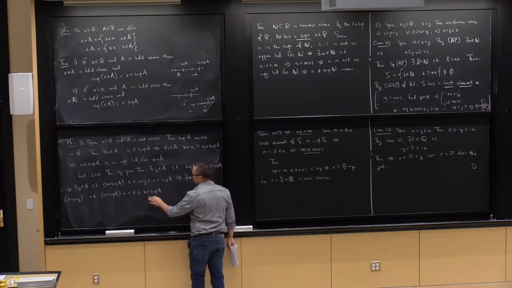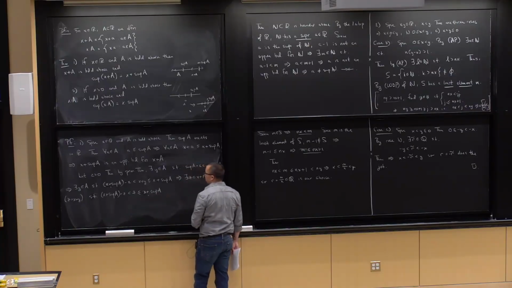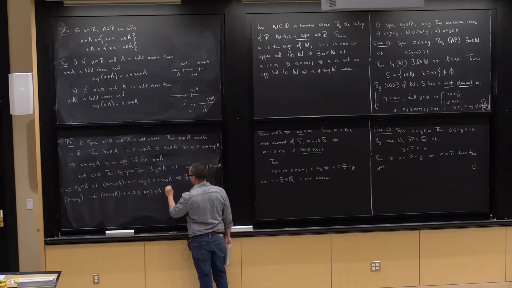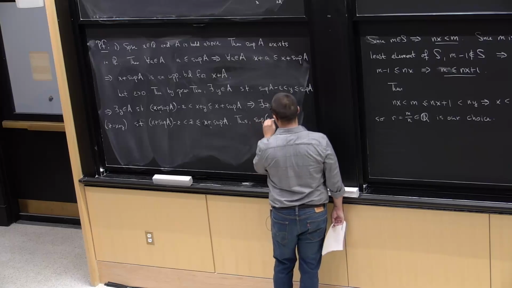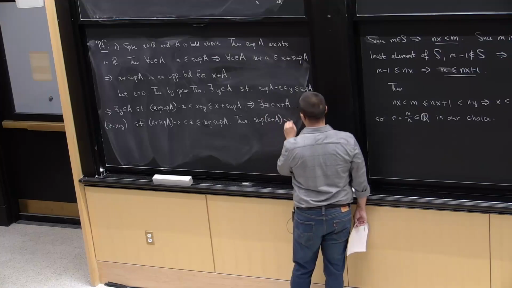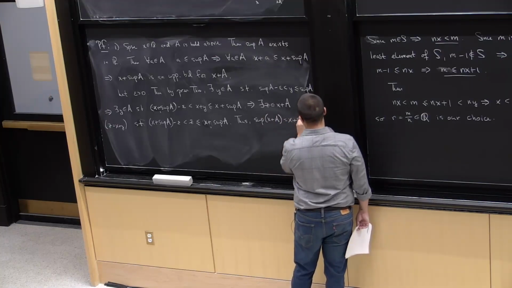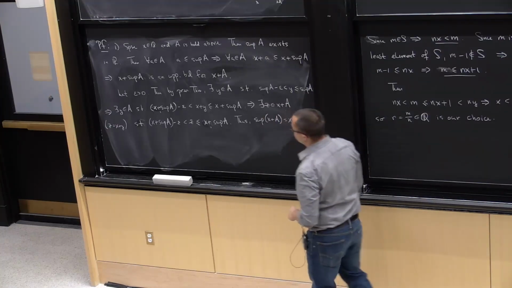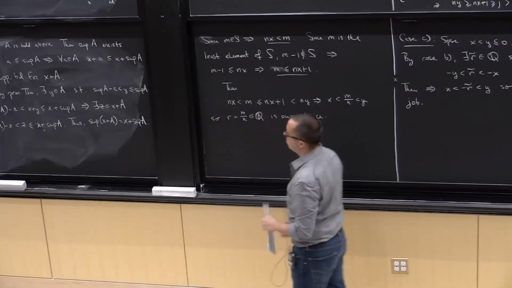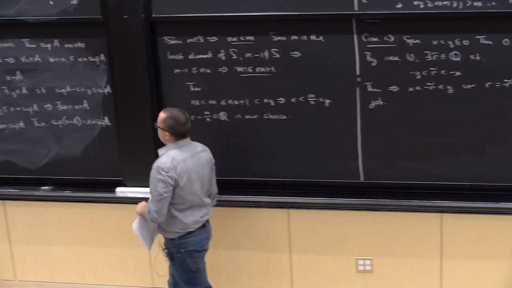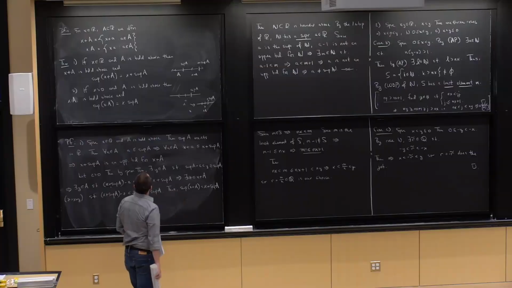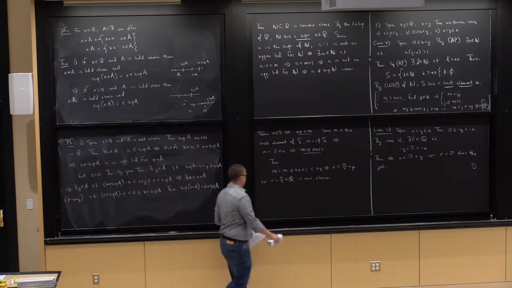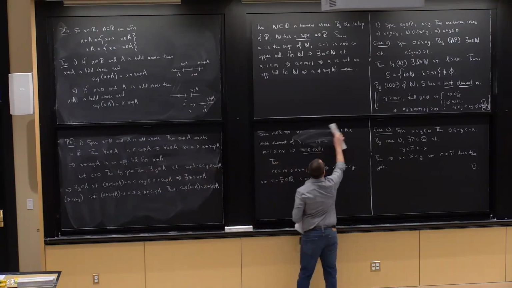Now we've proven it for x plus sup A for the set x plus A. Thus, sup of x plus A equals x plus sup A. So we proved that x plus sup A is the supremum of x plus A by showing it was an upper bound and it satisfied this epsilon property.